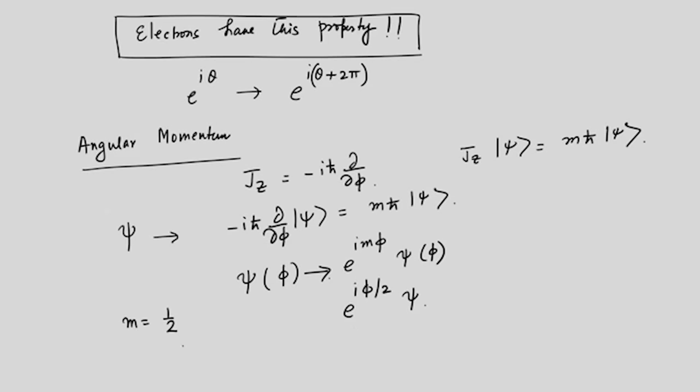So that means that when you take φ to φ plus 2π, then ψ does not return back to the same point. Now, when I say point, I actually mean the same configuration.